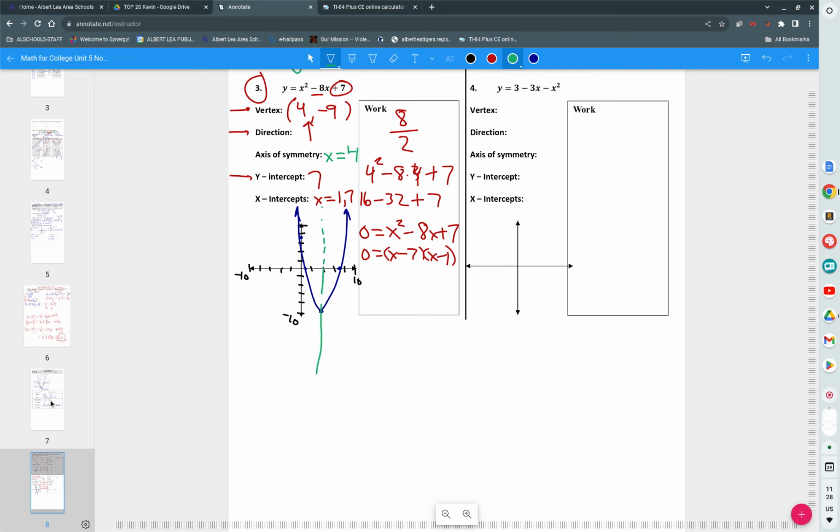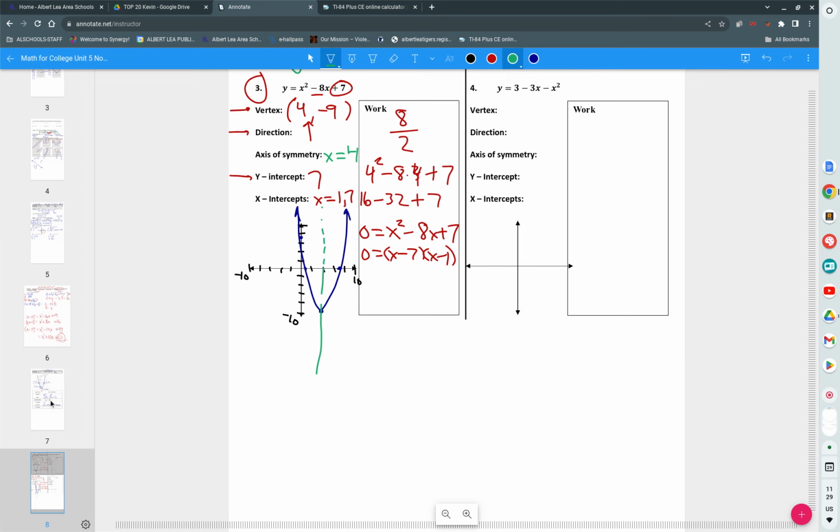You do negative b, the opposite of that value, not 4, but negative 4, divided by twice the a value, 2. So you have negative 2. Then you have negative 2 squared minus 4 times negative 2 minus 5.